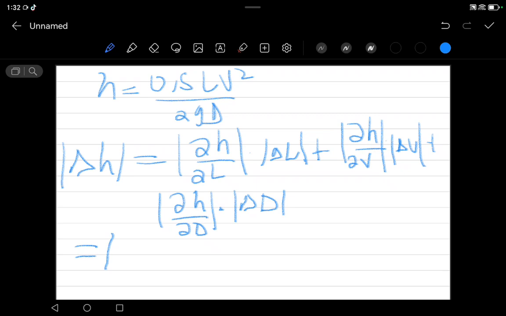Okay, derivative of L is 1. So we're going to be left with 0.5 V squared over 2GD, multiplied by change in L. Plus, here we're going to derivate V. The derivative of V squared is going to be 2V.